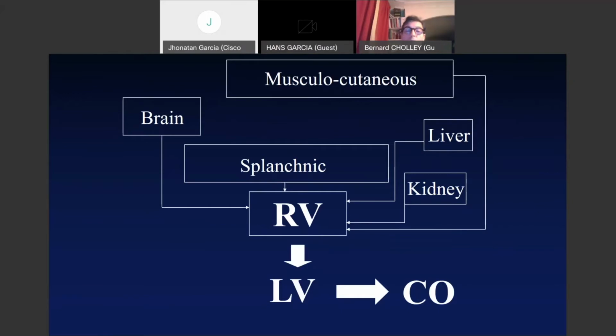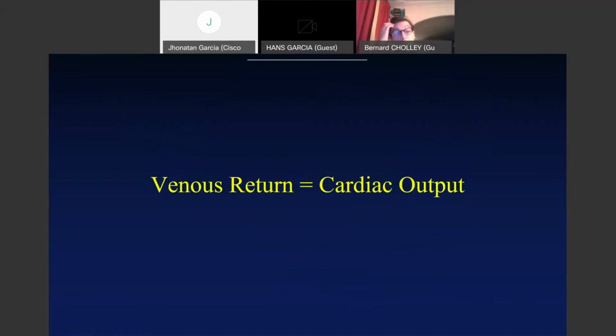So looking at this, you see that the important aspect is the venous return and not necessarily the left ventricle itself. Of course, in reality, unless you are having a congenital heart disease with a shunt, your venous return and your cardiac output should be the same at all times.